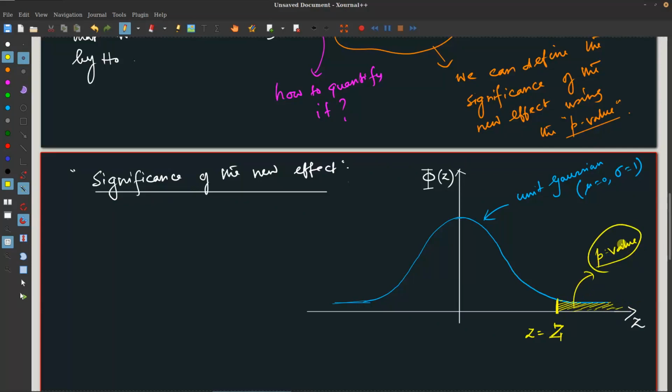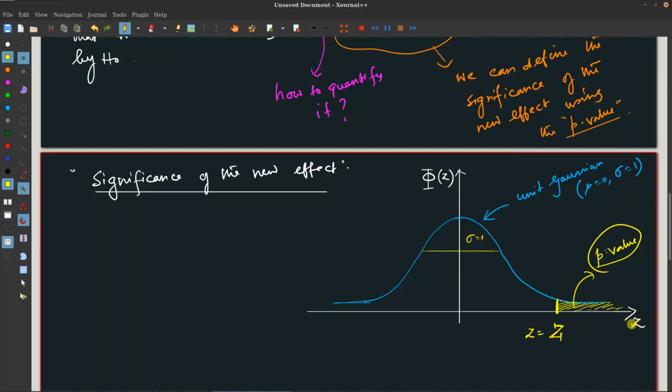So if the p-value is smaller, you have to go to a higher extreme of Z. Remember, this has sigma equals 1, so on the Z axis you are moving in units of sigma.